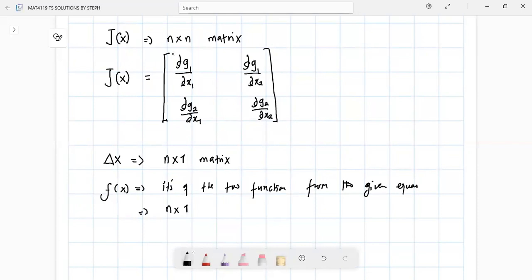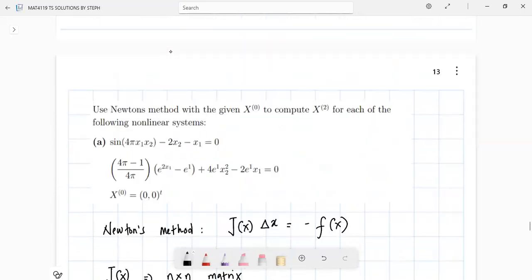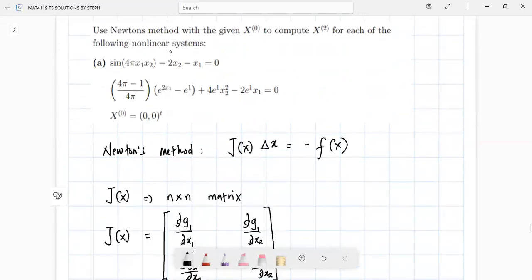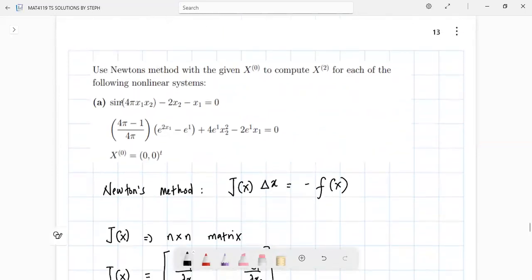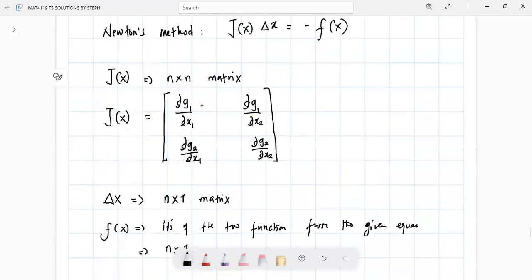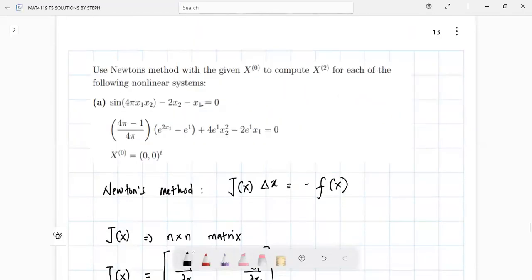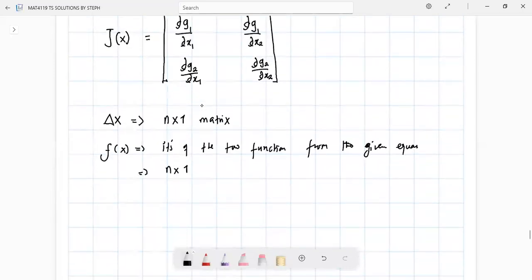All right, so now let's go back and focus on our problem given here. From the first equation, you have sine of 4 pi x1 x2 minus 2 x2 minus x1 equal to 0. So let's find J of x. We're going to get the partial derivative of each with respect to x.